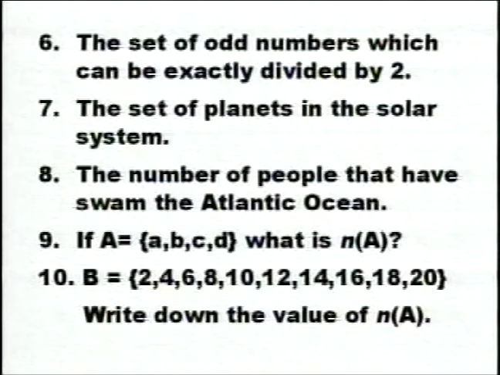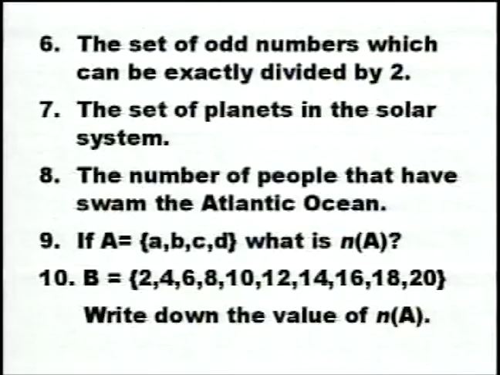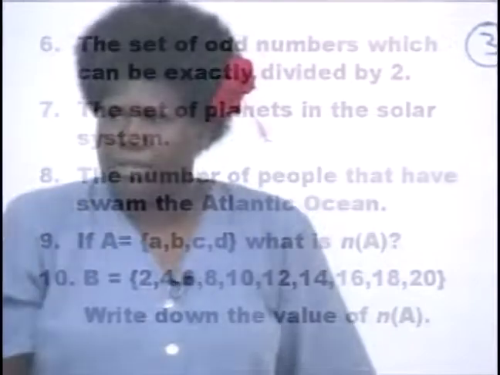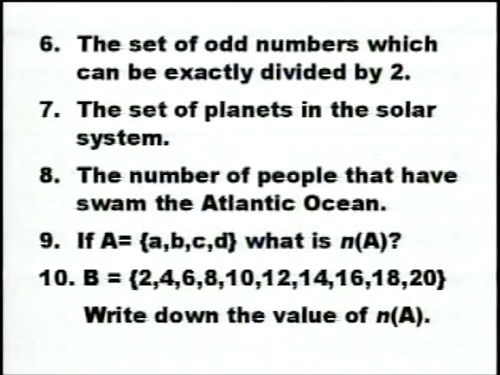Lester is very quiet, so he's 10. Finite. Finite set? Yeah, because you can list all the planets in the solar system. Garonamo, the number of people that have swum the Atlantic Ocean. Infinite set? It's a null set. Null set. Why do you say it's a null set?